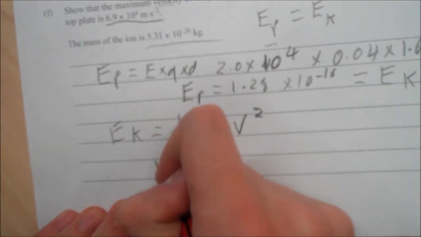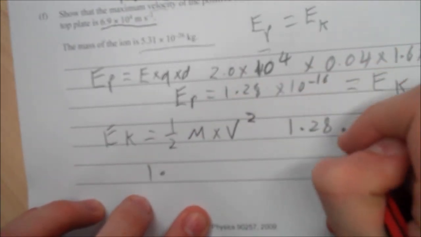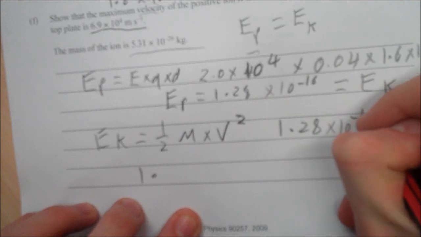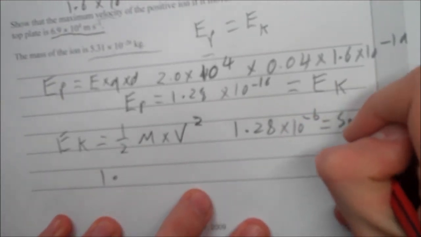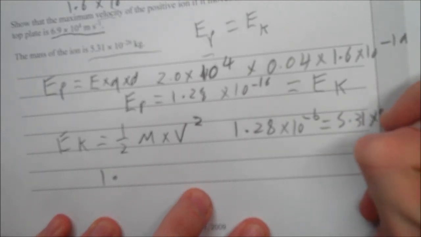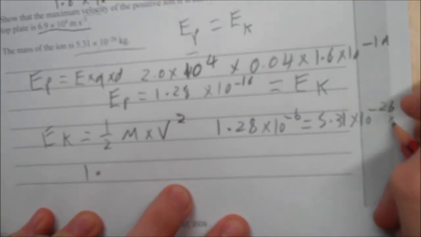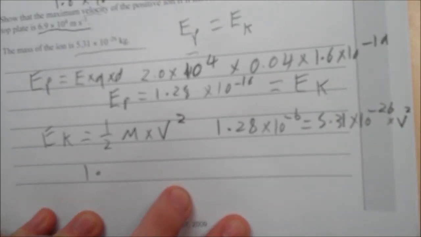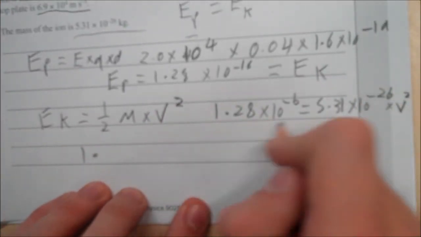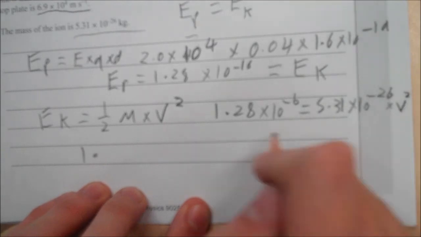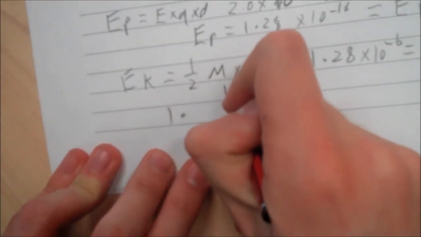1.28 times 10 to the negative 16 is equal to 5.31 times 10 to the negative 26 times velocity squared. So we just need to divide both sides by this, and we'll end up with velocity squared equal to this over this.